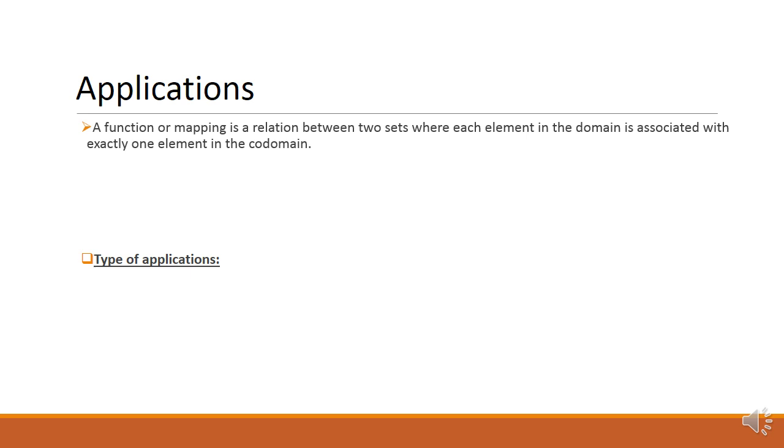After that, we discuss applications. An application defined on sets is a rule that assigns each element of the set, called the domain, to exactly one element of another set called the codomain.